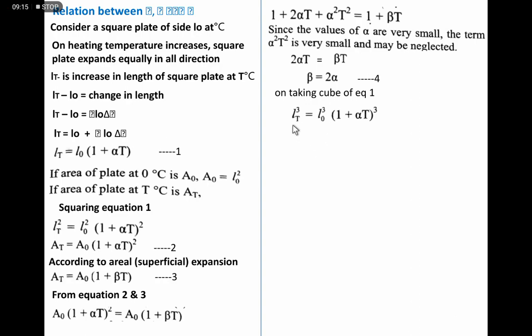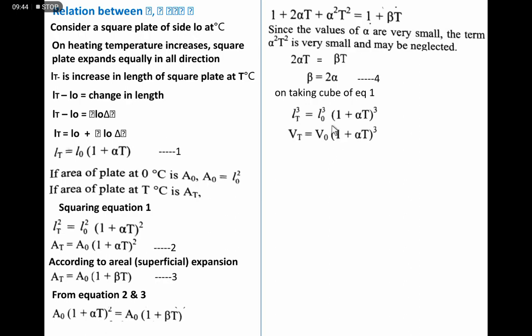So the cube of equation 1 is this. In cubical expansion, the original length of the cube is L naught, and after heating it becomes L_T, and the cube of this gives us the volume of the cube.